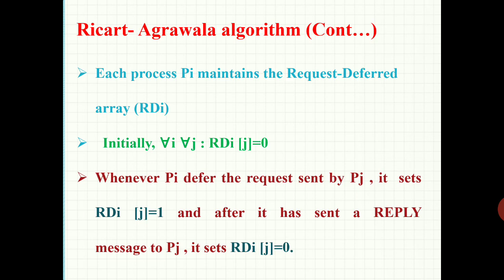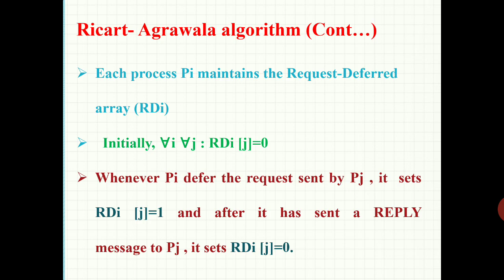Its corresponding position is indicated by the index value J, which corresponds to process J. We are going to deny or defer the request sent by process Pj, so we will set the corresponding entry in process Pi as RDi[j] equal to 1, where j is the requesting process, and i is the other process which denies or defers the request.